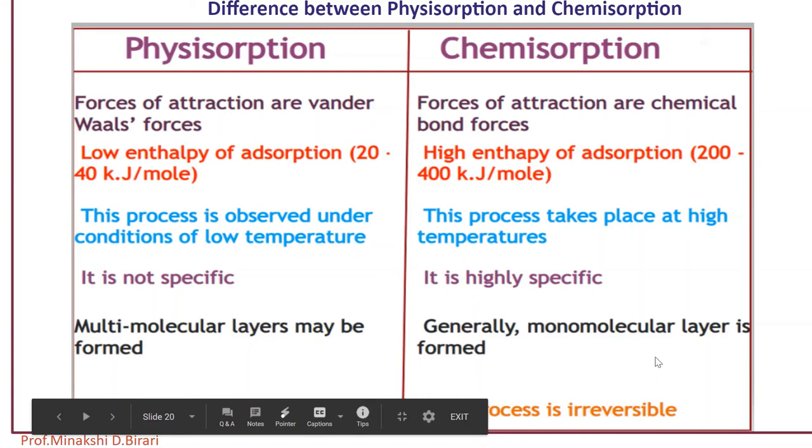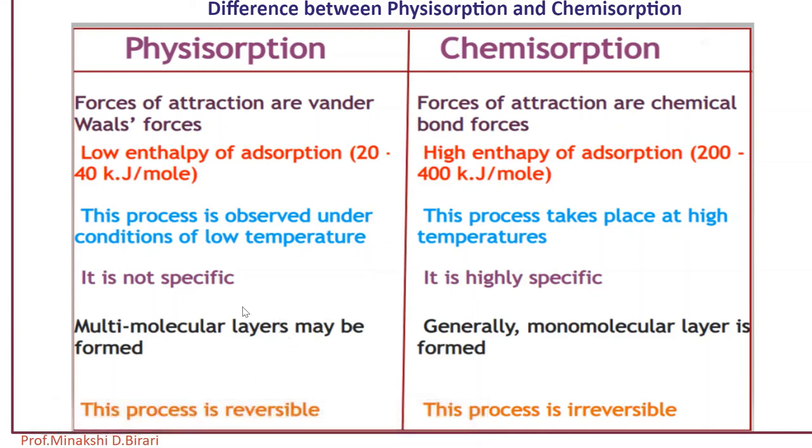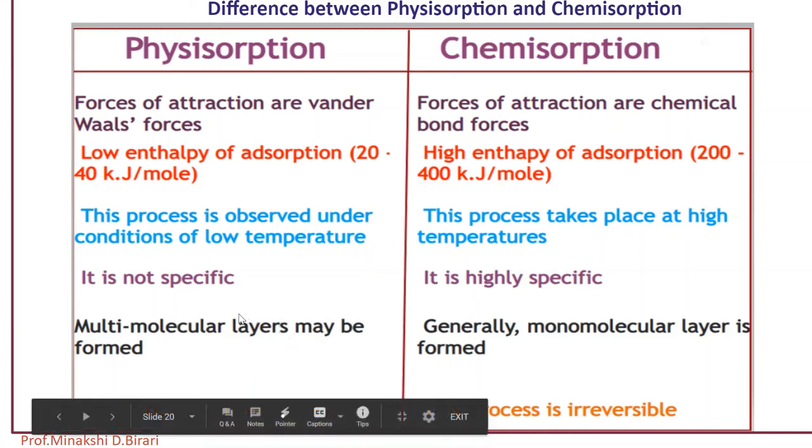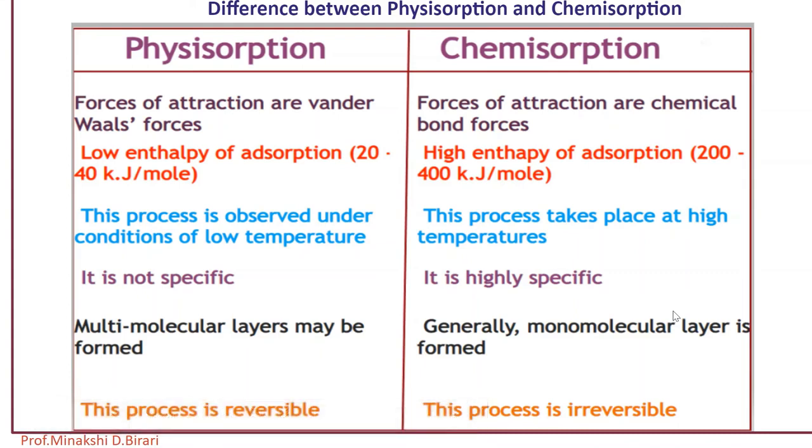So this process is irreversible, whereas physical adsorption is a reversible process. Normally physical adsorption does not involve any energy of activation, and chemical adsorption requires the activation energy. So all these are the distinguishing points between physical adsorption and chemical adsorption.